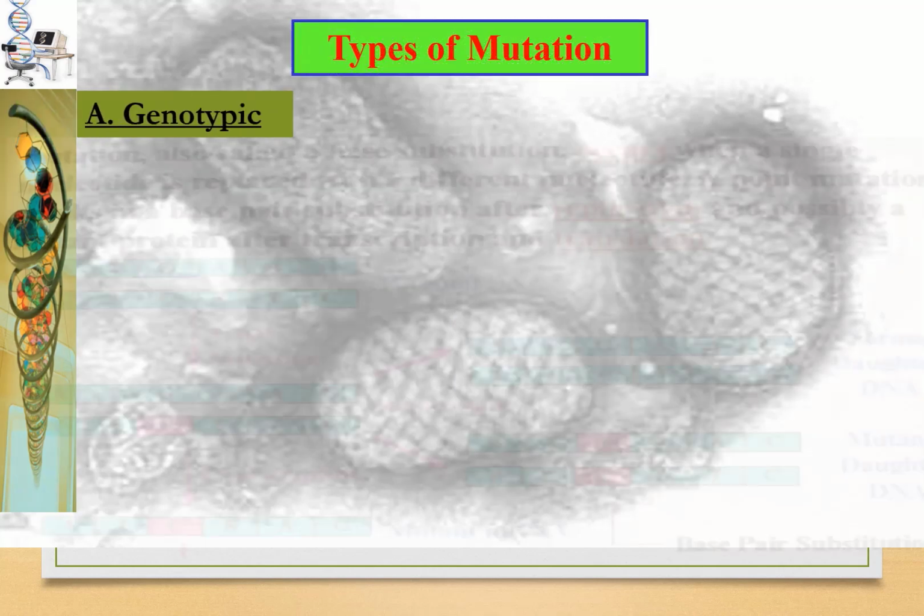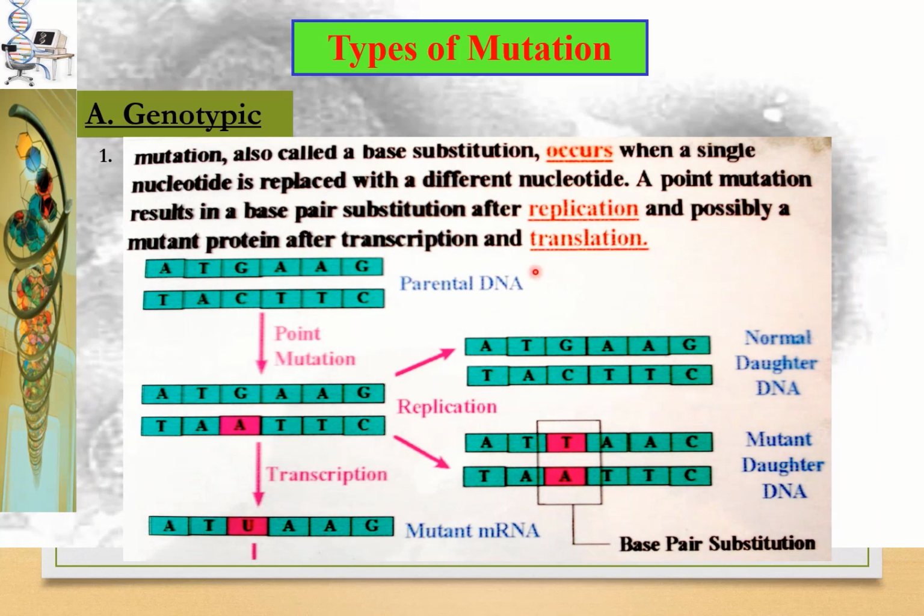Types of mutation. Genotypic mutation, also called a base substitution, occurs when a single nucleotide is replaced with a different nucleotide. A point mutation results in a base pair substitution after replication and mostly a mutant protein after transcription and translation.